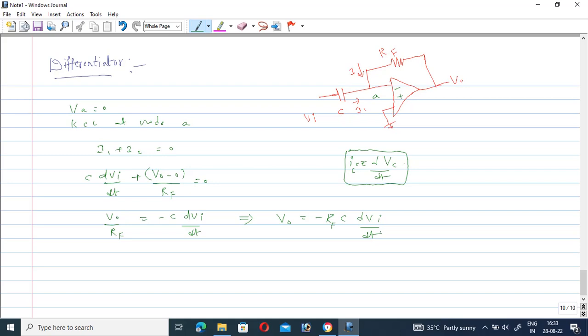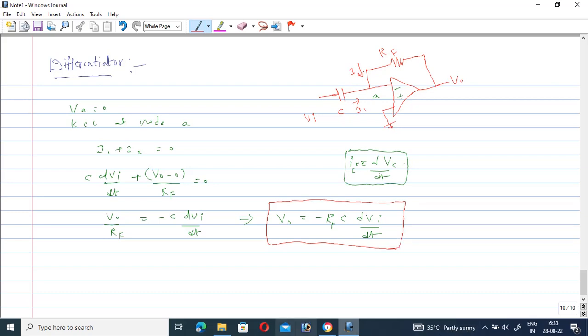This is our equation for the output voltage in the case of the differentiator.